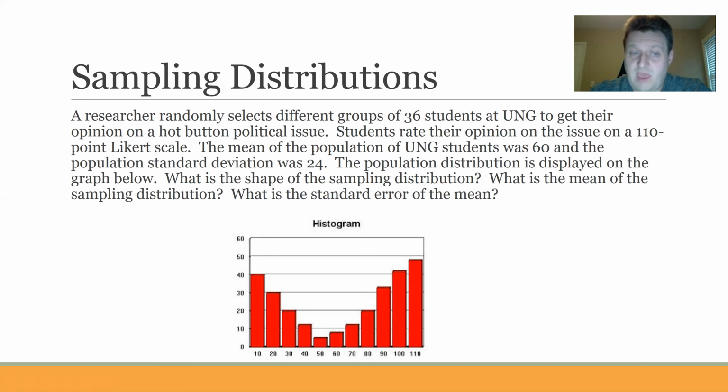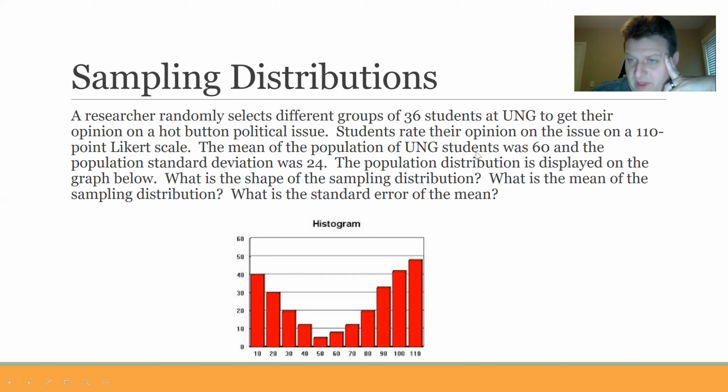The researcher randomly samples 36 students, writes down the sample mean, and tosses those 36 students back. They randomly select another 36 students from the population and repeat this process an infinite number of times. That's what sampling distributions are all about.